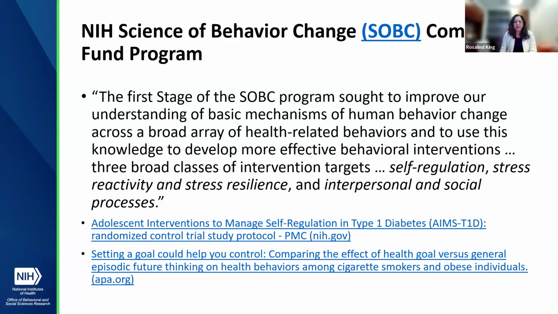They examined the effects of an EFT exercise with and without a named specific health goal on rates of discounting, demand and craving for cigarettes and fast food among cigarette smokers and obese individuals, respectively. And they found that the addition of a specific health goal to a more general EFT was significantly associated with a higher impact on the participants' subsequent demand for cigarettes and fast food.